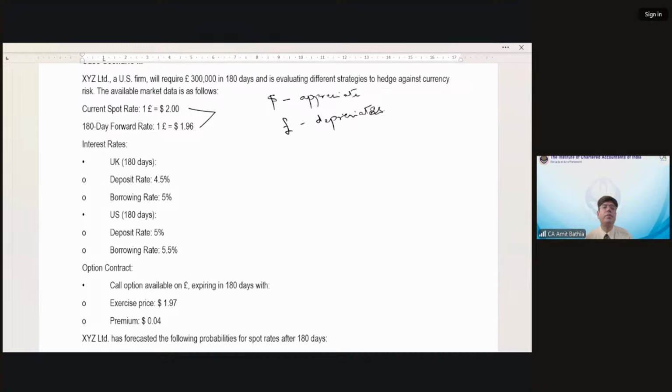All right. Interest rates, UK 180 days. Deposit rate is 4.5%. Borrowing rate is 5%. US 180 days. Deposit rate is 5%. Borrowing rate is 5.5%. Option contract.